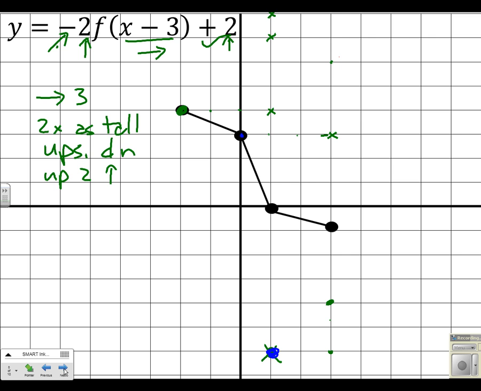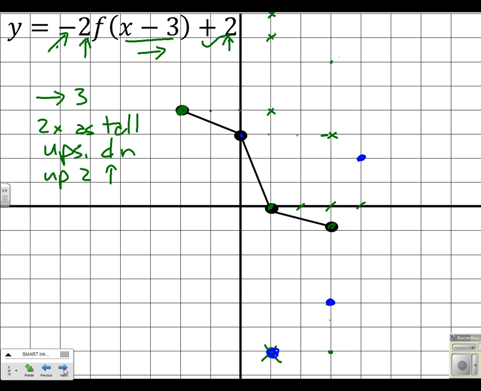So I'm going to go to the right 3. 1 from here. 1, 2, 3. I'm going to go twice as tall of 0, 0. I'm going to go upside down, 0, 0. And I'm going to go up 2. 1, 2. Okay, so I've got this point. 1 more.